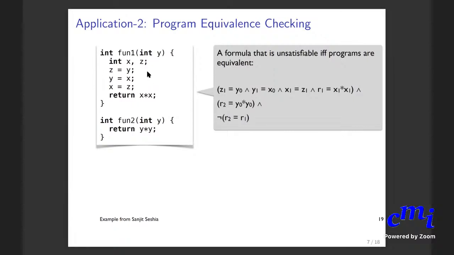Here are two programs, both of which compute squares over integers. One does it in a sequential way through some series of assignments. The other one does it in a more direct way.